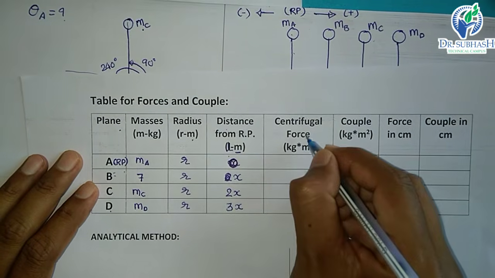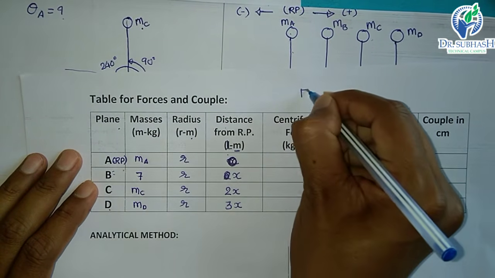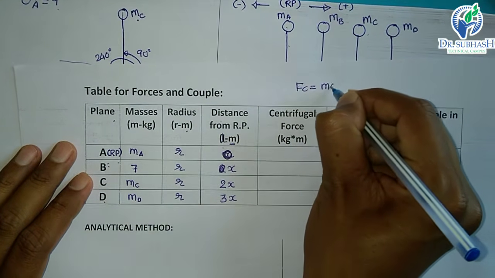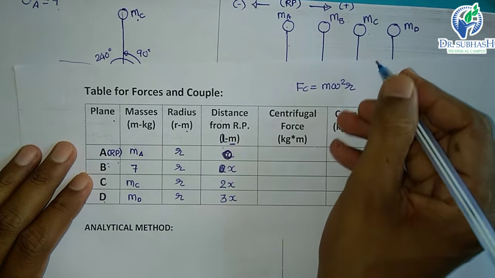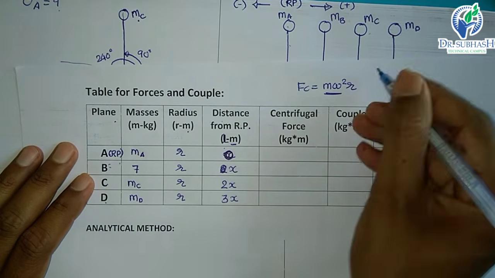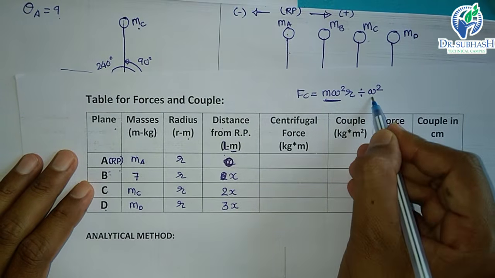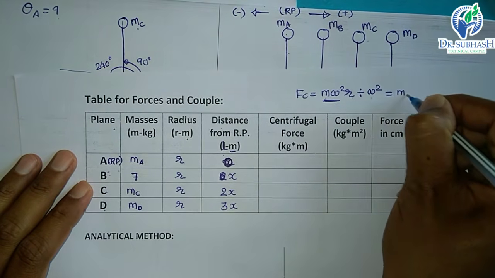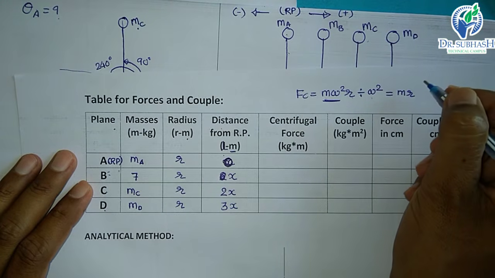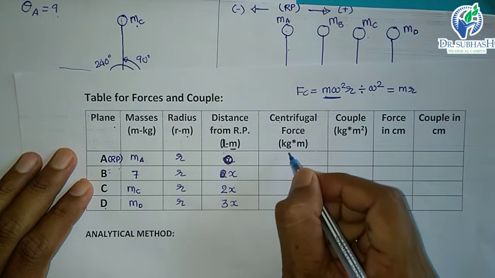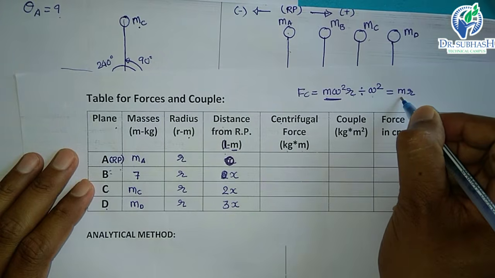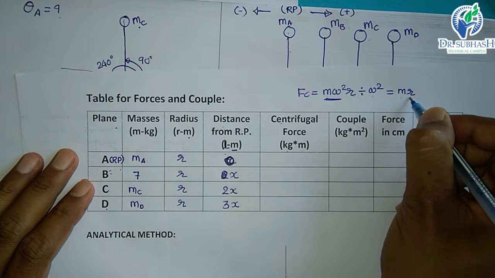Now centrifugal force. Generally the equation of centrifugal force is Fc equal to m omega square r. But for easy calculation, we always neglect omega square, dividing m omega square r by omega square. So the equation we consider for calculation is mr, and the unit is kg into meter, since mass is in kg and radius is in meter.